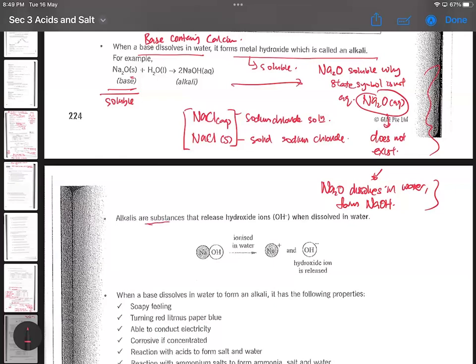They are substances that produce OH ions when dissolved into water. Just now, we had the same narrative for acid. Acids are substances that release hydrogen ions in water, but alkalis don't release hydrogen. Alkalis release hydroxide.